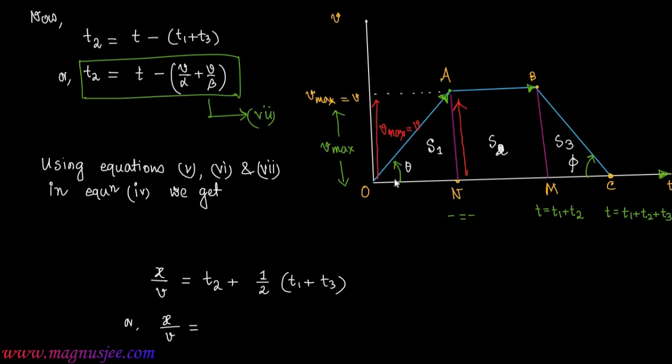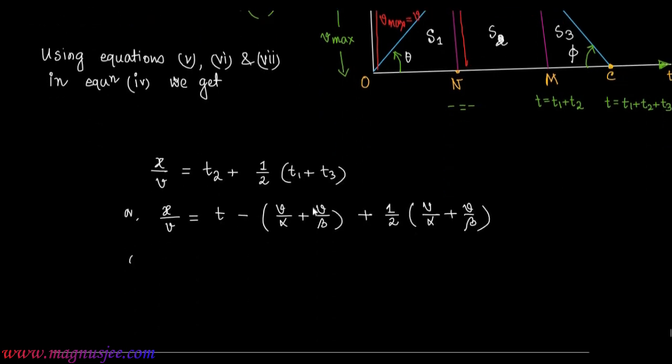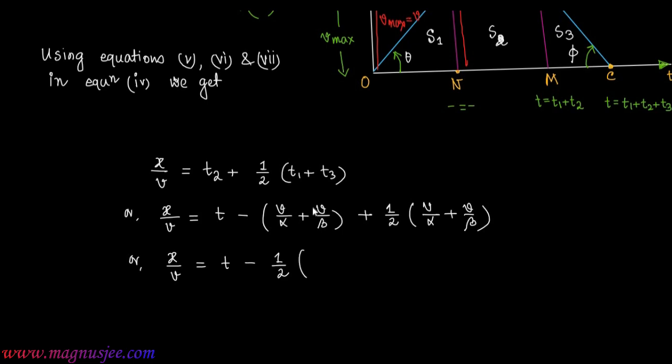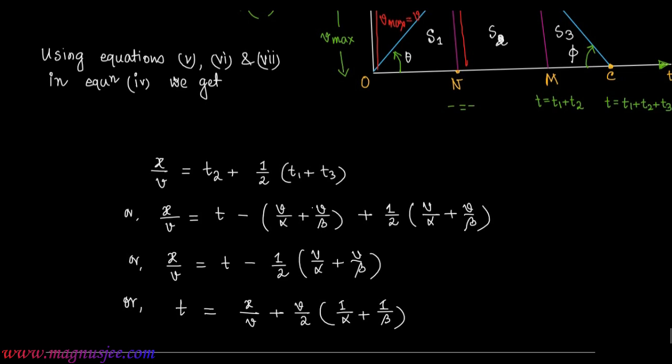Putting the expressions of T2, T1 and T3, we get T minus V by alpha plus V by beta plus half V by alpha plus V by beta, or x by V is equal to T minus half bracket open V by alpha plus V by beta, or T is equal to x by V plus V by 2 bracket open 1 by alpha plus 1 by beta.